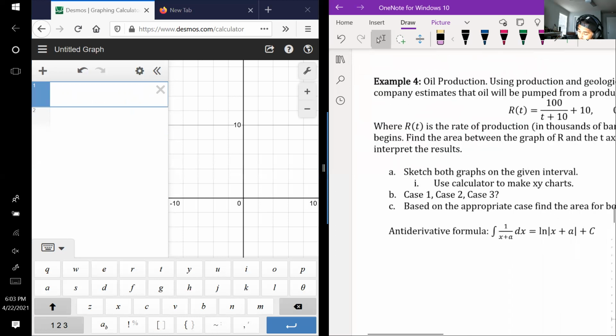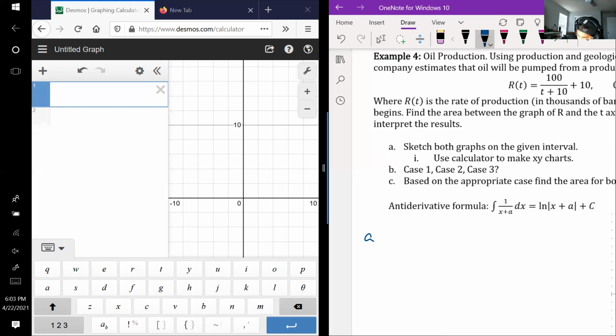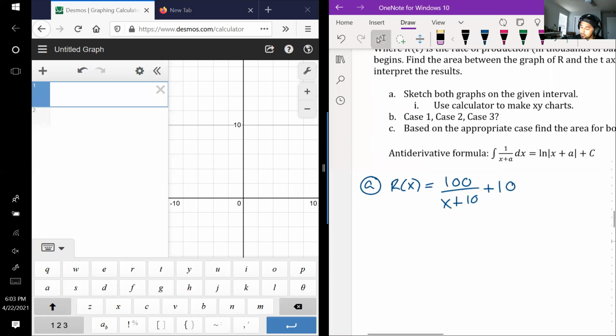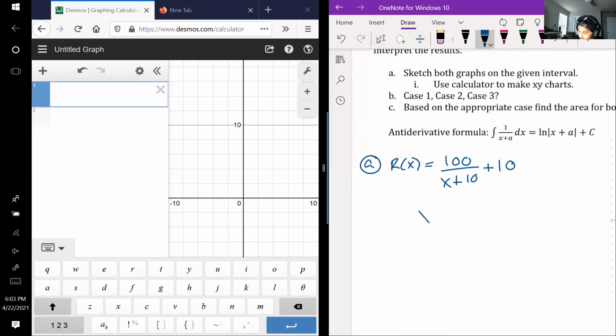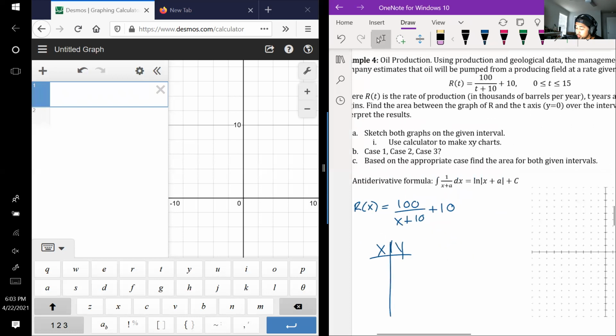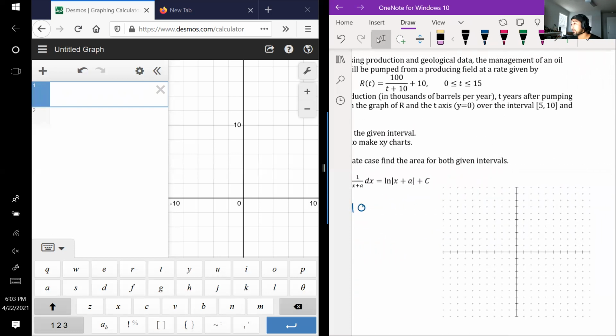So for A, we'll change this to R of X equals 100 over X plus 10 plus 10. And now we'll make my XY chart. They gave us an actual new interval to work with. They want us to find both of these functions over the interval 5 to 10. So that's what we're working with.